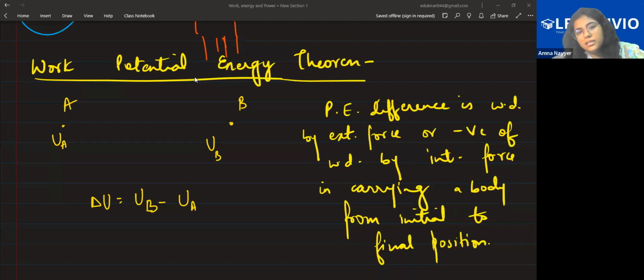So, what is the work kinetic energy theorem? Yes, correct, Zainab. Change in kinetic energy is equal to work done.